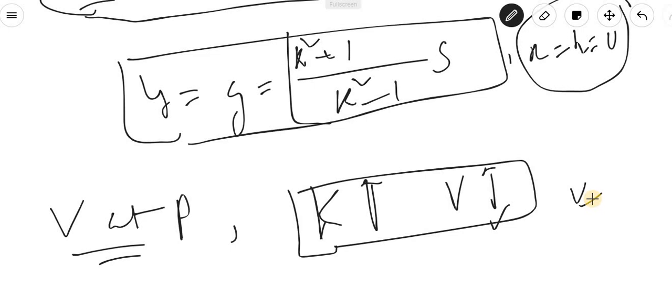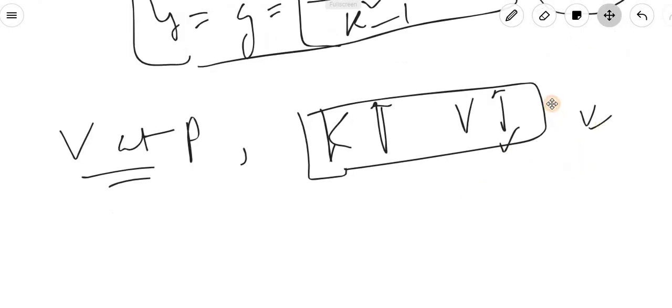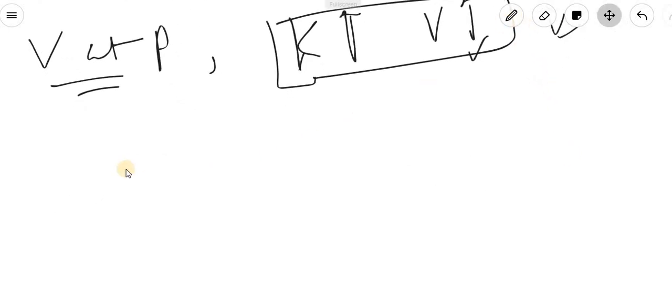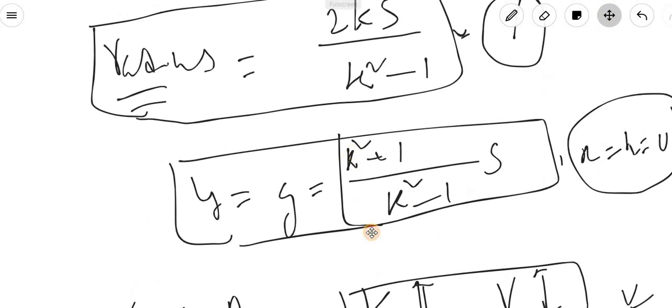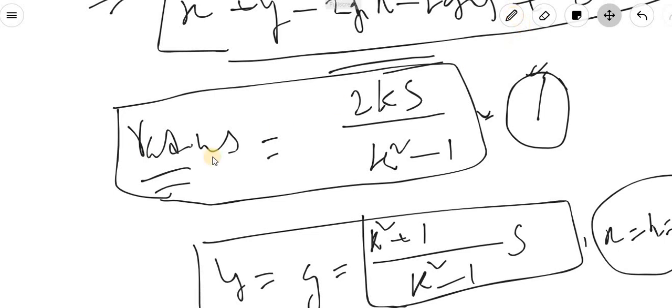It can be seen from the equation of the equipotential line. If R decreases, suppose this is the small r. This radius we are considering as the small r.